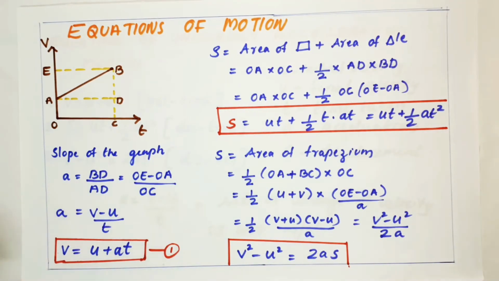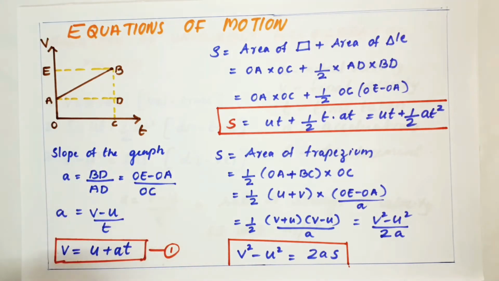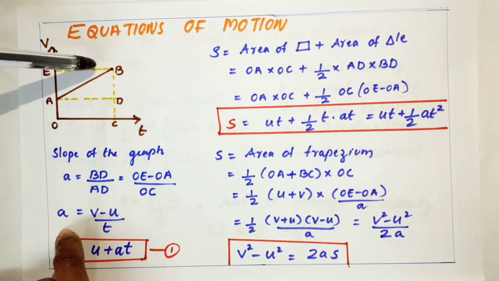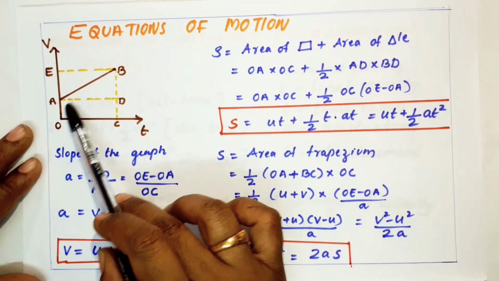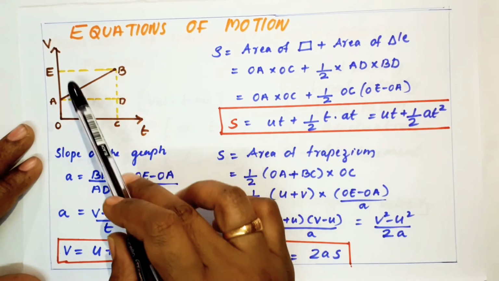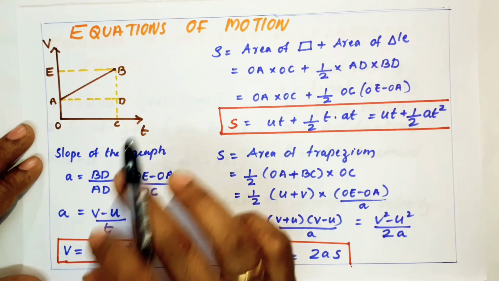Now, see the equations of motion. This is a velocity time graph. A body is moving from a point A to B. First I have to mark the different terms in this.